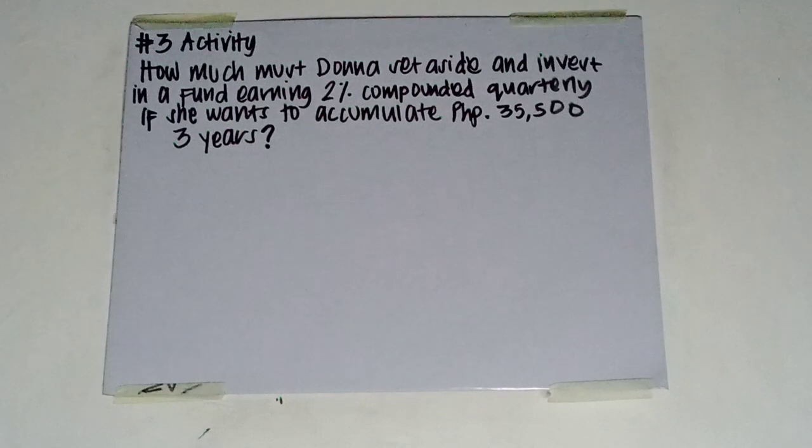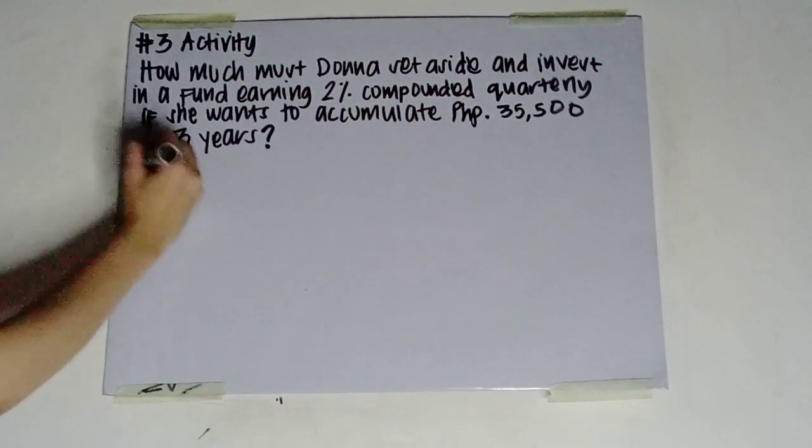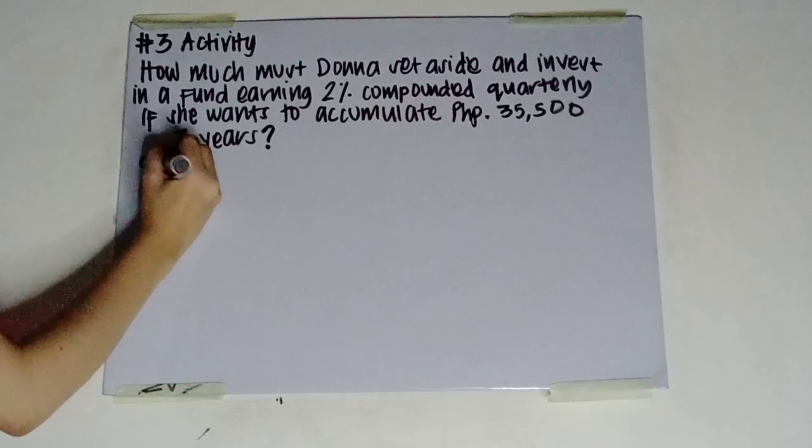Okay, activity 3. How much must Donna set aside and invest in a fund earning 2% compounded quarterly if she wants to accumulate 35,500 in 3 years? Okay, write the given.